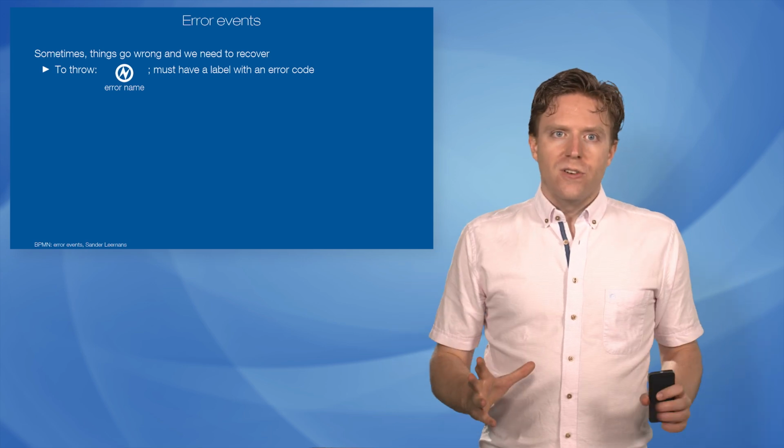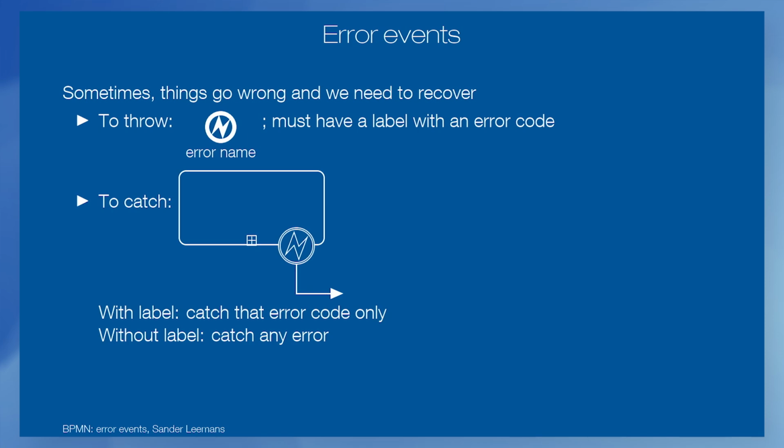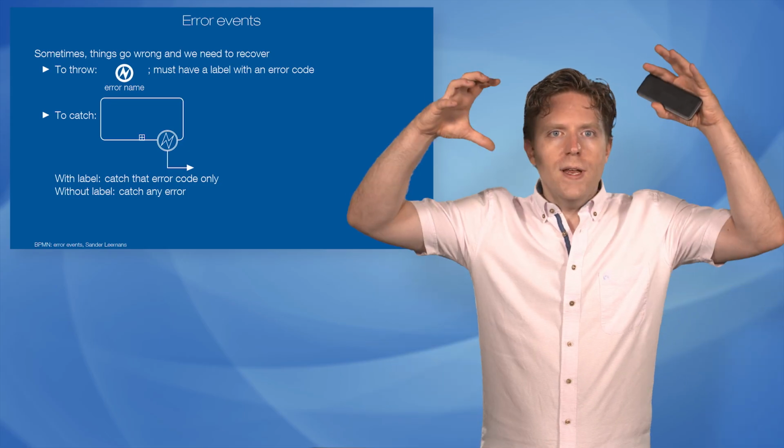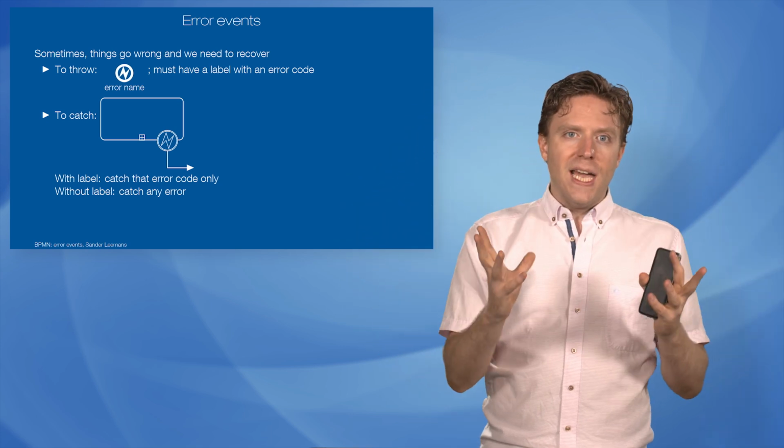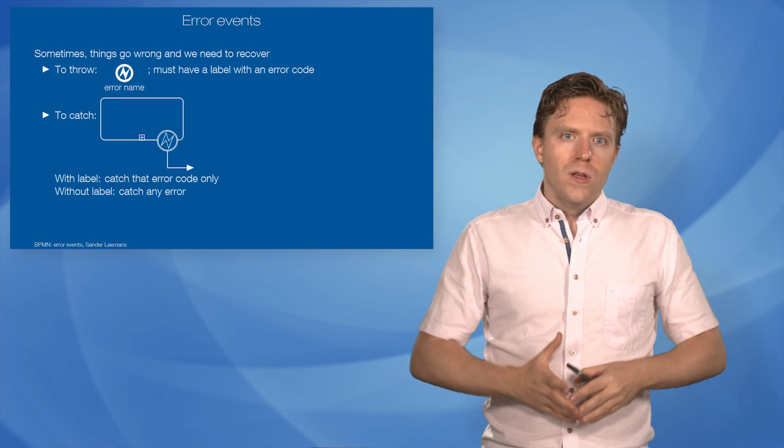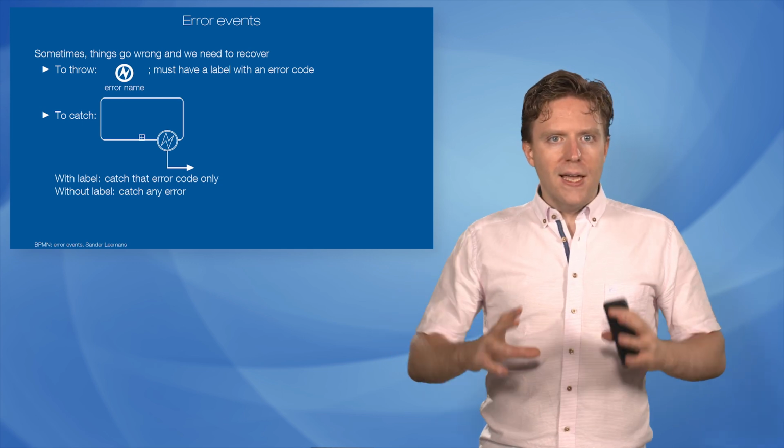To capture an error, we need a boundary event, because we can only capture an error from our own process. We cannot capture errors from other pools or from other sub-processes. So only when it is in me can I catch the error. So only the parent can catch the error.